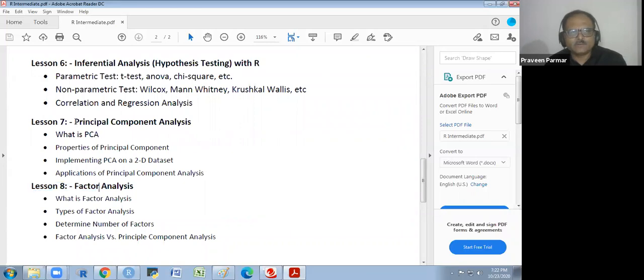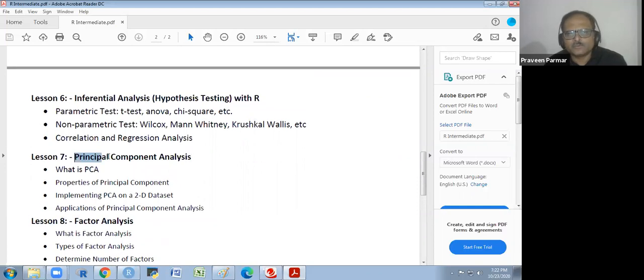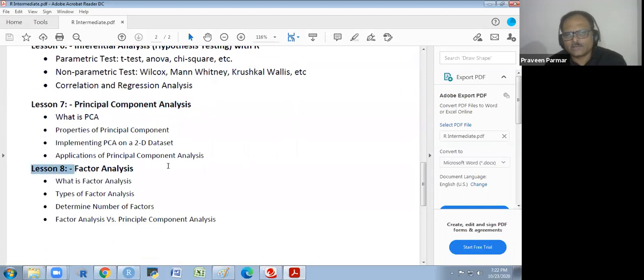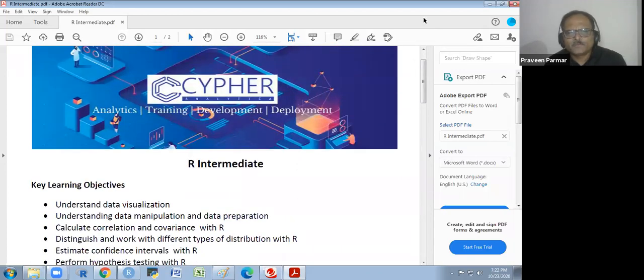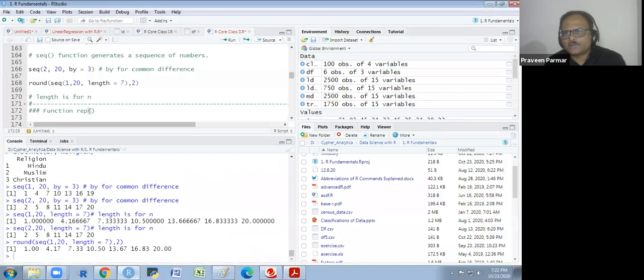Here we are using predictive analysis, the principal component analysis, which is mostly not used in the inferential. In inferential we use the factor analysis.